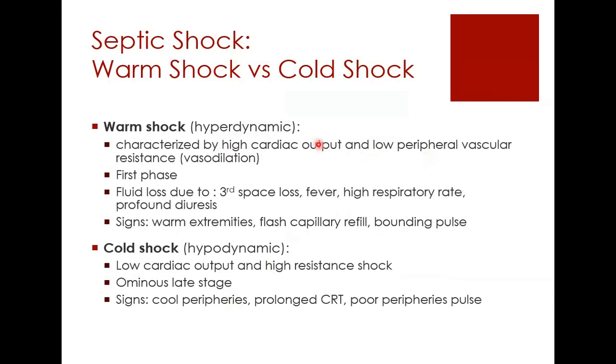It's characterized by high cardiac output and also low peripheral vascular resistance. You can identify this by warm peripheries, fast capillary refill and bounding pulse. So aggressive management should be given during warm shock because it's still reversible.